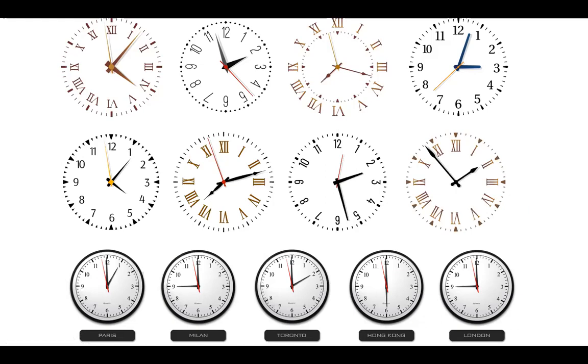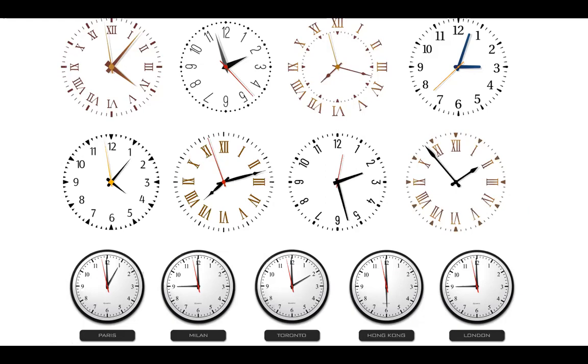2 часа. From 1 to 4, it's singular, час. And after 5, we use plural, часы. So 5 will be часов, 9 will be часов, 6 will be часов, but 2 часа, because from 1 to 4 we use the singular word for hours, час.